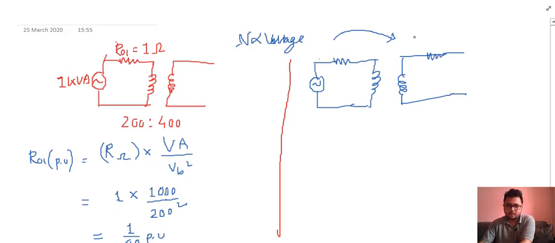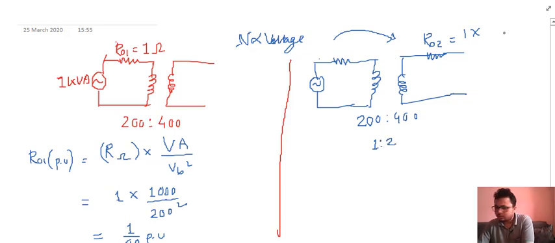That is R02. What is the resistance in the primary? 1 ohm, into the ratio. 200/400 is 1:2, so it should be 2 square. So the resistance in the secondary is 4 ohm.